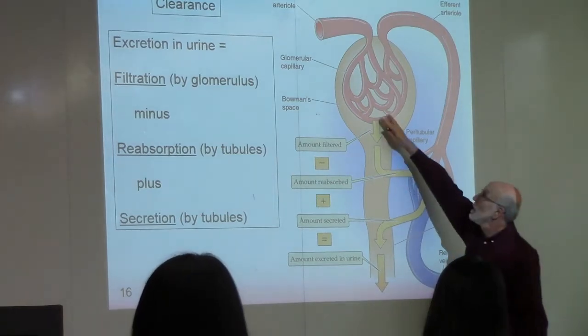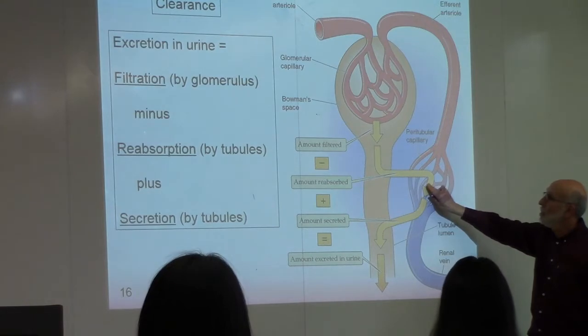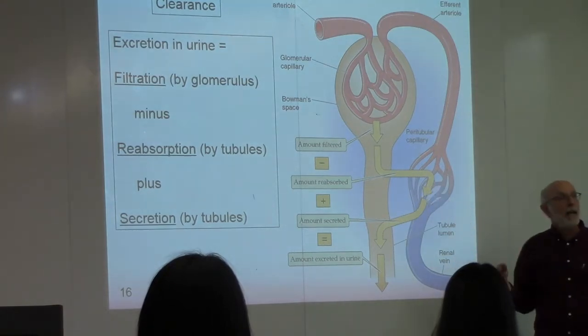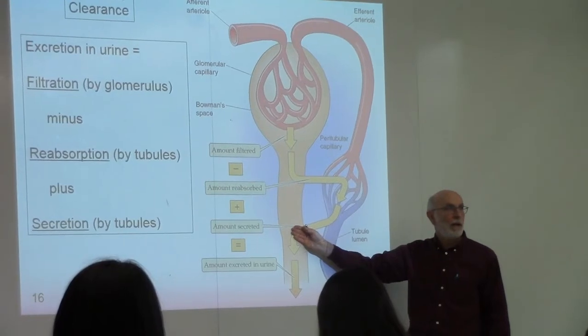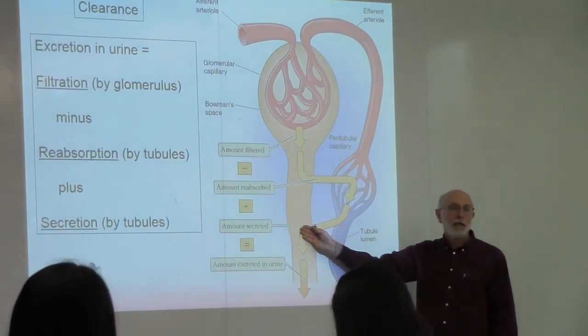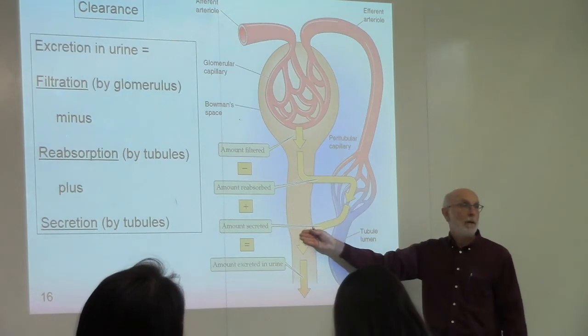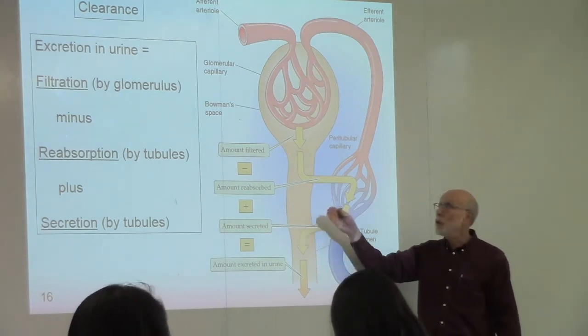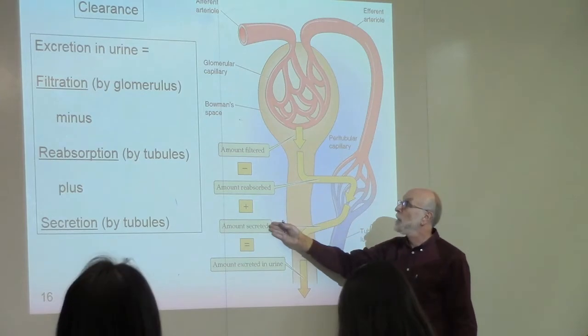So this is filtration, reabsorption, and in some cases there is actually secretion from the peritubular capillaries or the vasa recta into the tubule. So there's three processes. We filter it, we reabsorb it, and we secrete it.